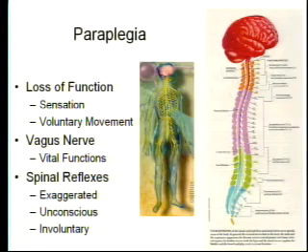Two interesting aspects to these spinal reflexes, three actually. The first is they are exaggerated. If you test the patellar reflex in a person with a break in the spinal cord who's paraplegic, say from the waist down, that spinal reflex will be exaggerated compared to somebody who is neurologically intact.